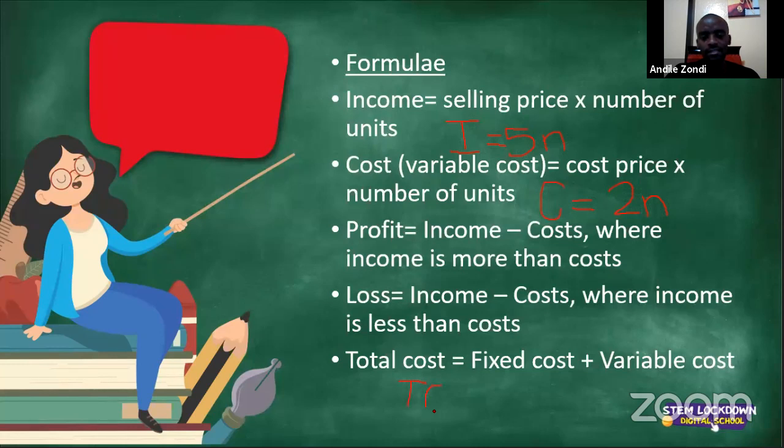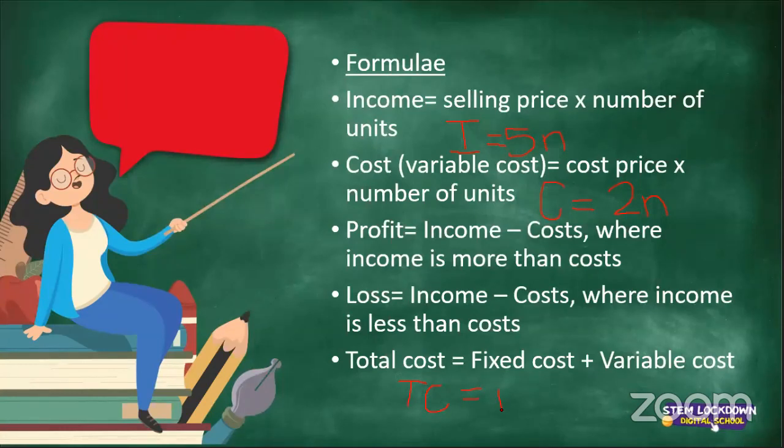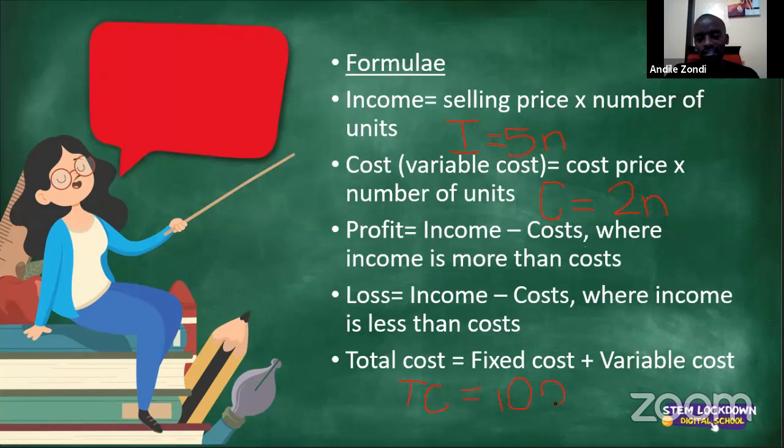Every month I spend about 100 rand on petrol. Because it does not change, it is my fixed cost, plus variable cost. It costs me 2 rand to make a scone, times the number of scones I make. So this is how your formula will look for total cost.